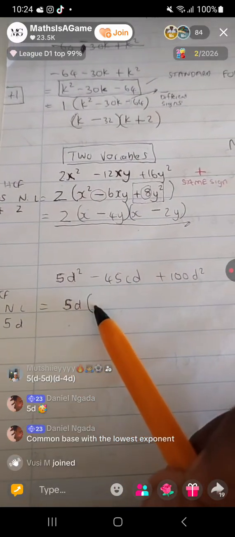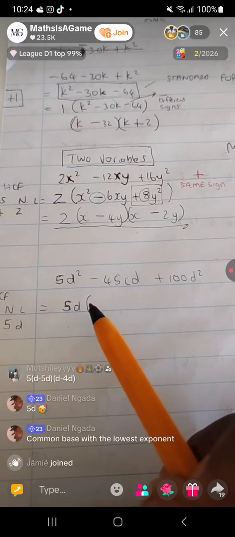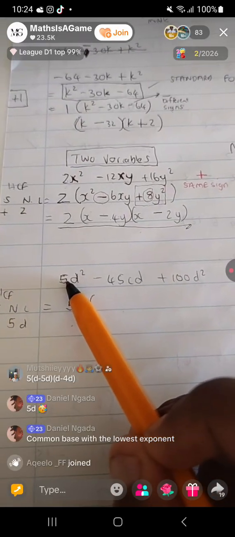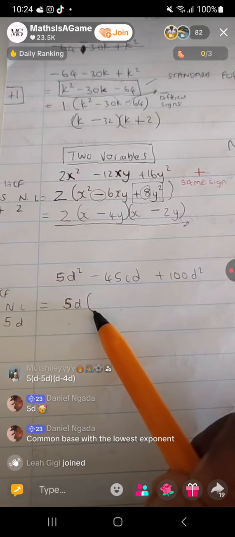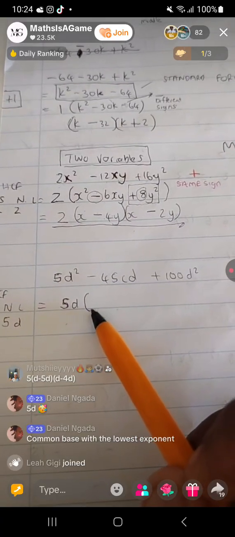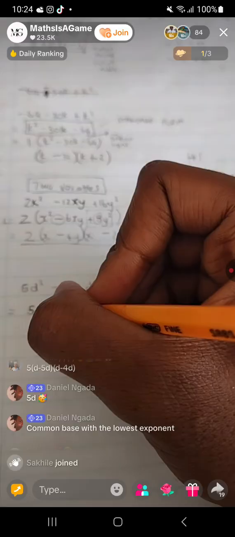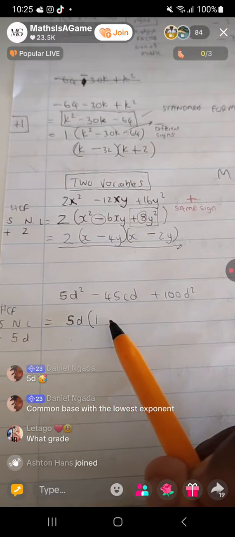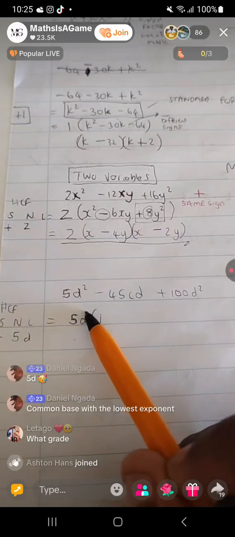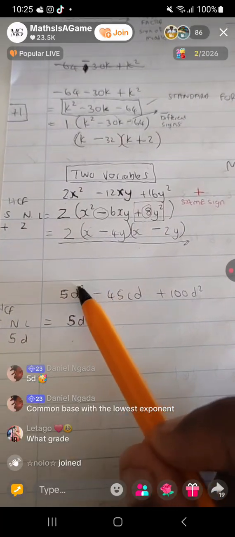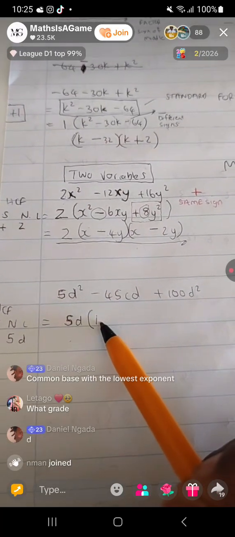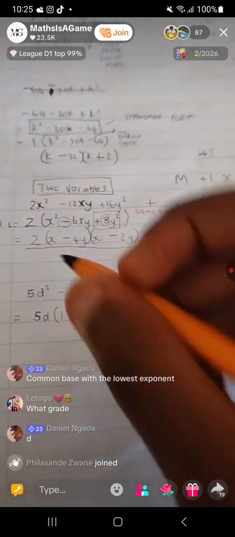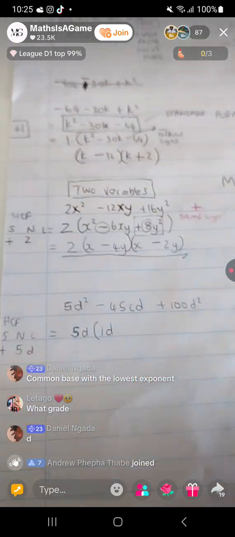What does that then leave us with? Positive 5 times what gives us positive 5? It is 1. So think about it, it is 1. Then we go to the letter D times what gives us D squared. You took out 1D. You need 2 of the D's. So how many D's do you have left? You need 1D here.